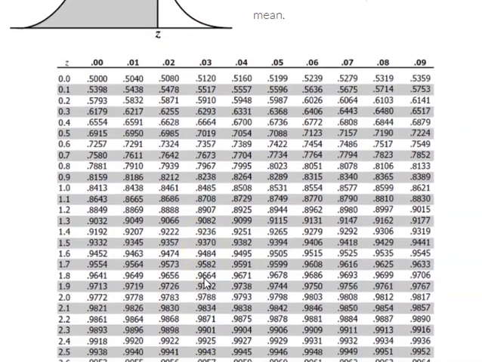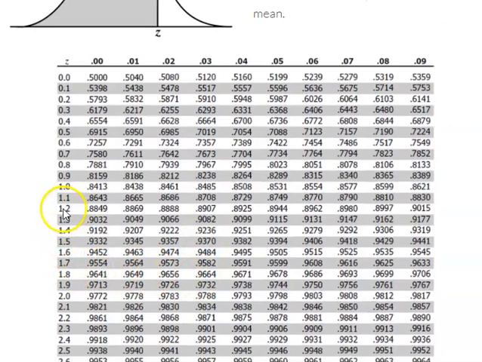So I go here, 1.2, and I want 1.27. The 7, that next decimal, I can take from up here, 0.7, add it to 1.2, and 7 is up here, right there.